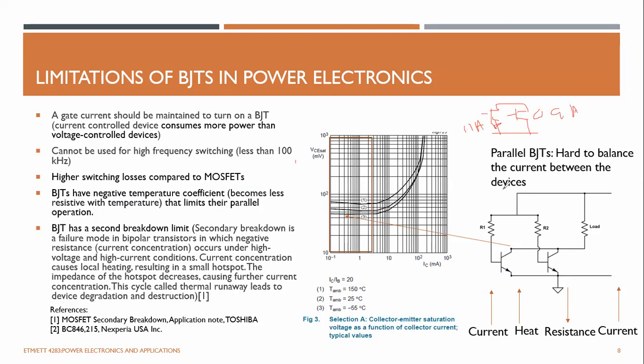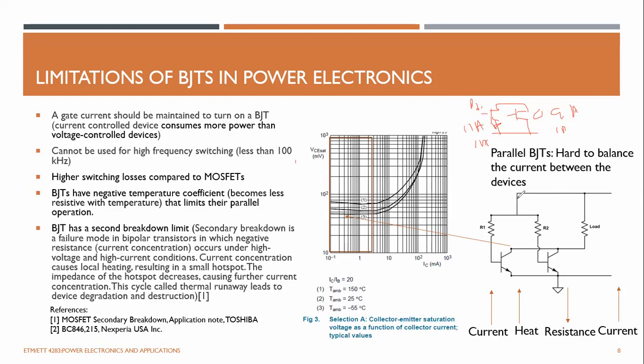So this guy is heating up faster, and its RDS(on) resistance increases, which means this current will naturally drop to 1 amp, and this guy's current will increase to 1 amp. So it will come to a thermal equilibrium, to a level where both devices share the same current, not like in BJTs.